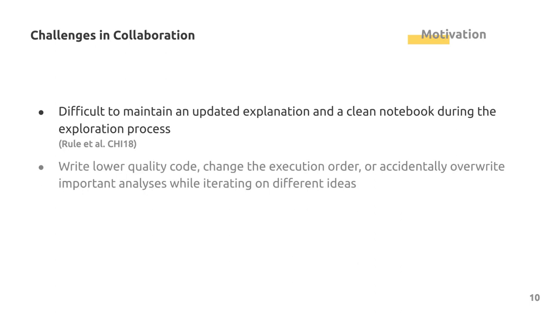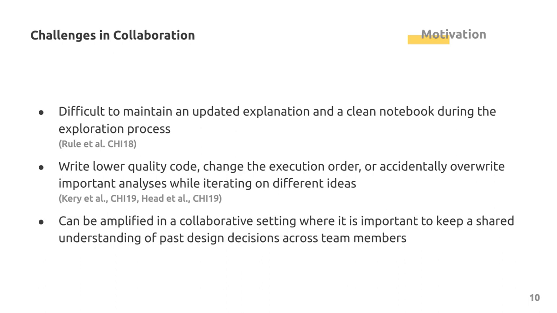When the problem gets complex, data scientists tend to write lower quality code, leave documentation incomplete, change the execution order, or accidentally overwrite important analysis while iterating on different ideas. These tensions can be amplified in a collaborative setting where it is important to keep a shared understanding of past design decisions across team members.